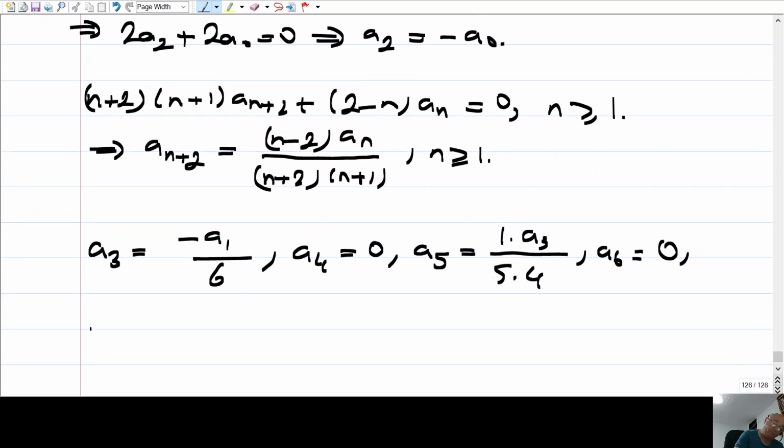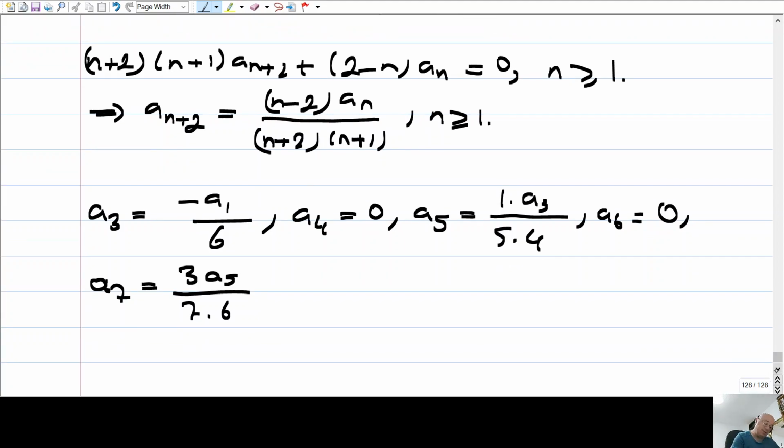And let me compute one more. a7, n equals 5. When n equals 5, you just get 3a5 divided by 7 times 6.